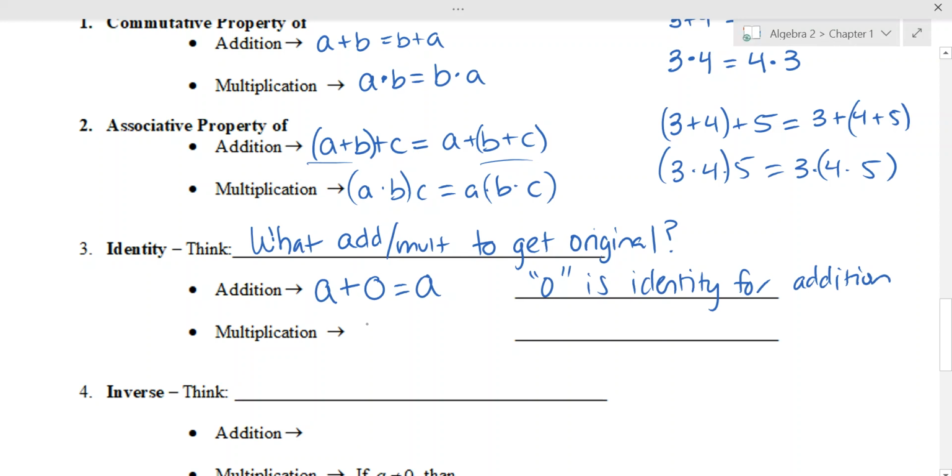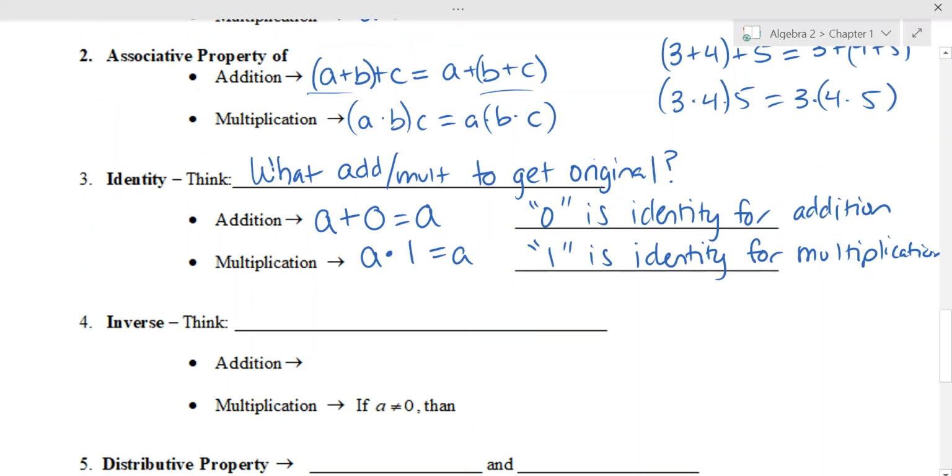Multiplication is the same way. What do I need to multiply A by to get A? Well, A times 1 is A. So 1 is the identity for multiplication. Fourth property in this is the inverse property.